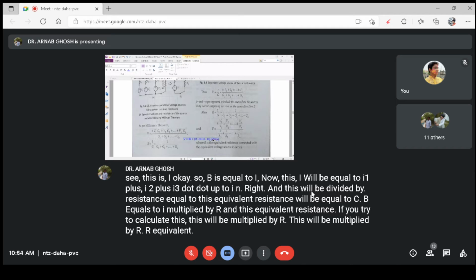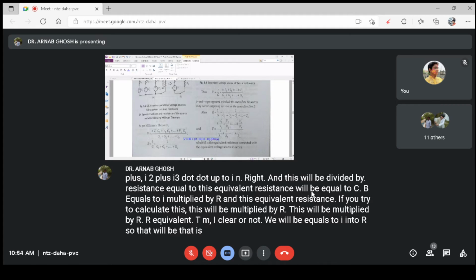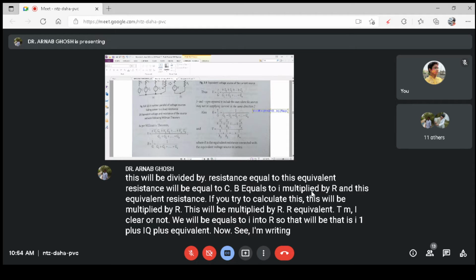Am I clear or not? V will be equal to I1 plus I2 plus so on. See, I'm writing this.